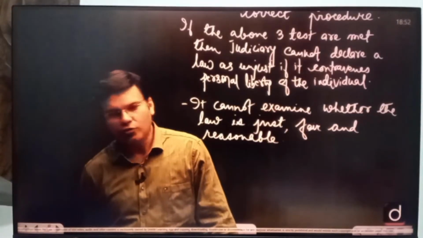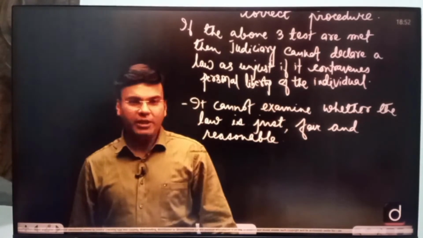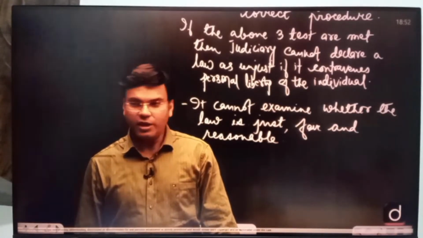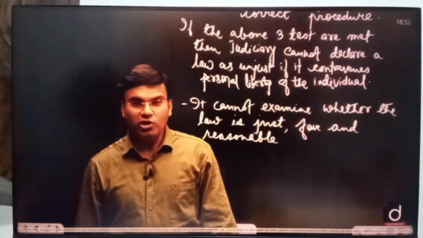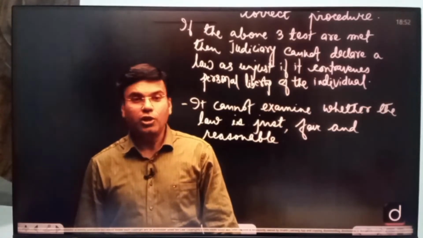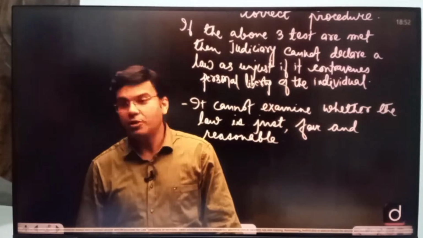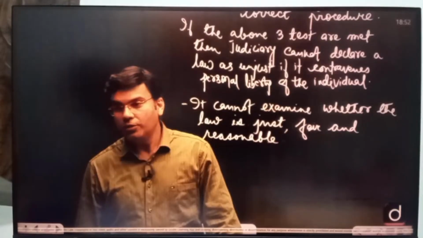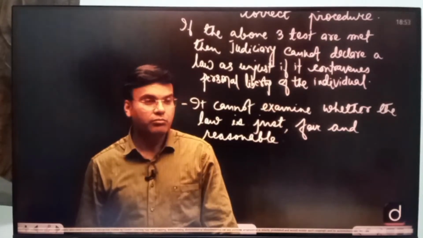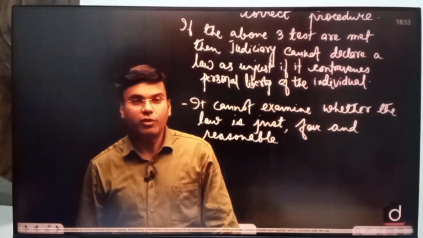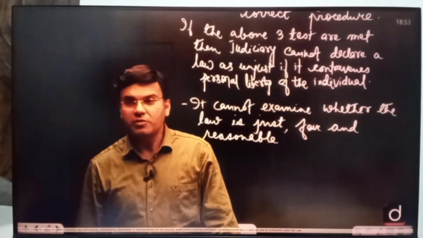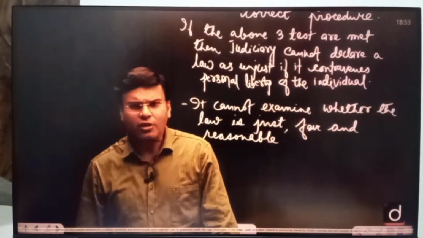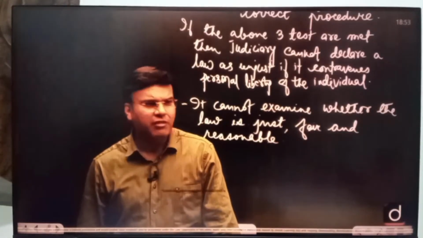So whether the law is valid or invalid will be said by the court, but only on the basis of these 3 tests. If the law passes these three tests, then the judiciary will not go beyond this to say that the law is arbitrary, so it is violative of the principles of natural justice, and it is violative of the essential conditions, like it is violative of fairness principles, it is violative of the justness principles. It cannot say that. It cannot verify the law on the basis of these ideas, whether the law is good or bad.